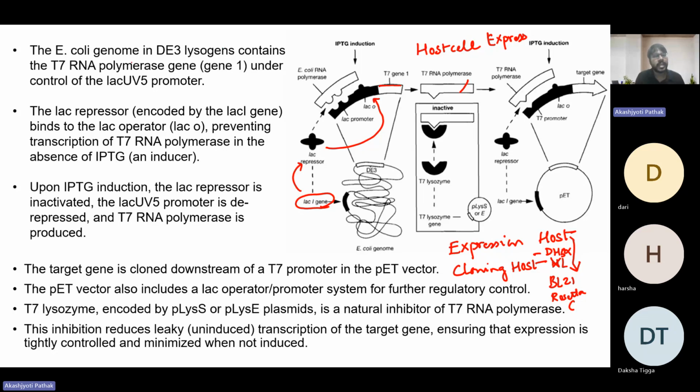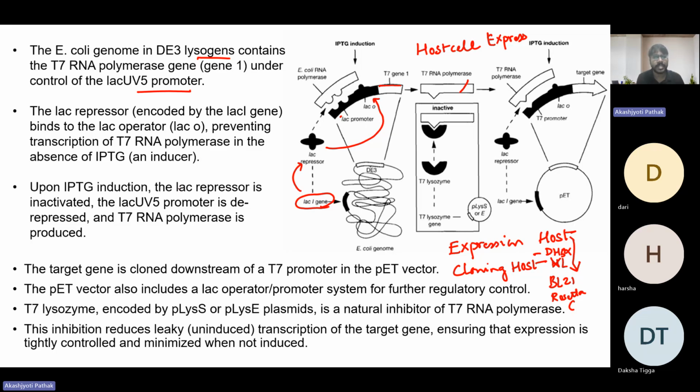The E. coli genome in the DE3 lysogen contains the T7 RNA polymerase gene under the control of the lacUV5 promoter. So this is your lacUV5 promoter, and the T7 RNA polymerase gene is under the control of the lacUV5 promoter. The LAC repressor binds to the LAC operator, preventing the transcription of T7 RNA polymerase in the absence of IPTG.